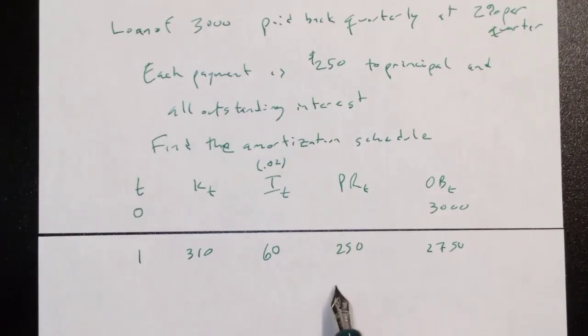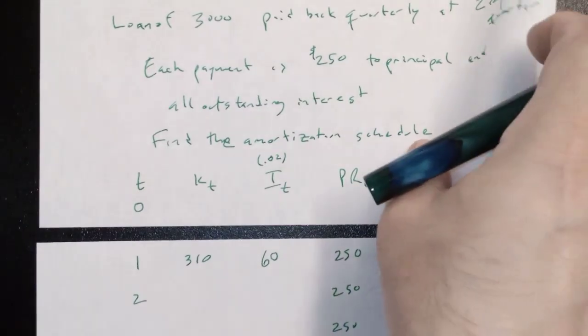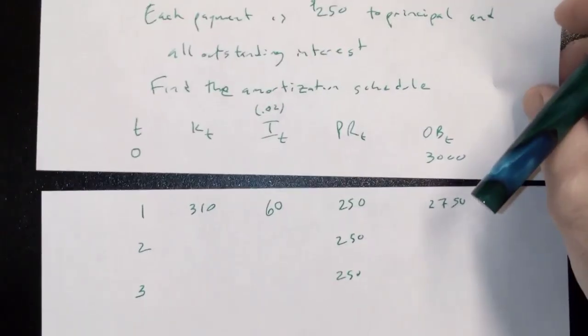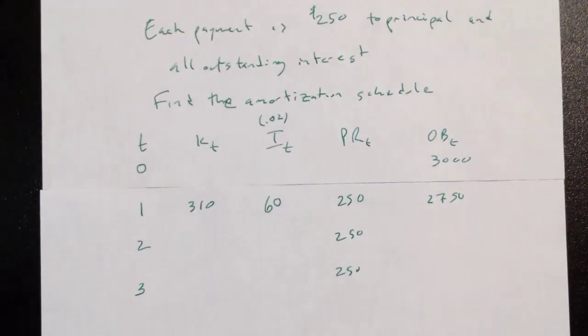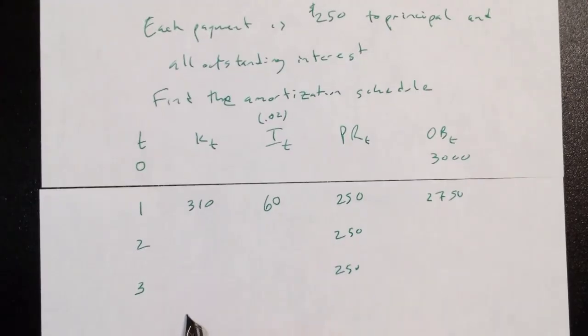And this column is going to stay the same all the way down. So that PR column, principal repaid, is constant, as opposed to in all of our other loans where that column varied. This time, I don't know the actual payment amount. It's going to change because the interest is going to change.